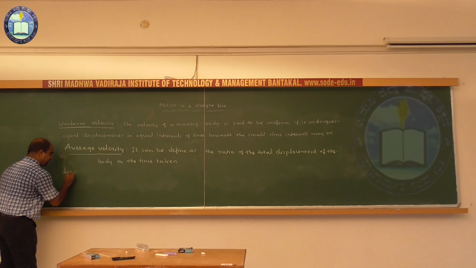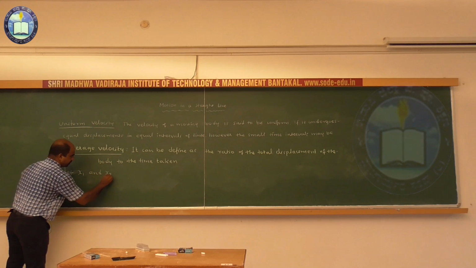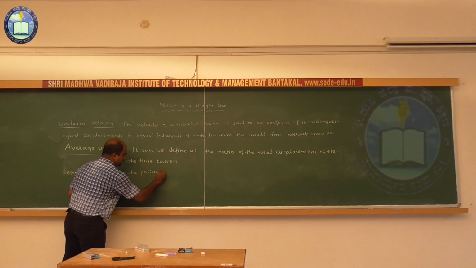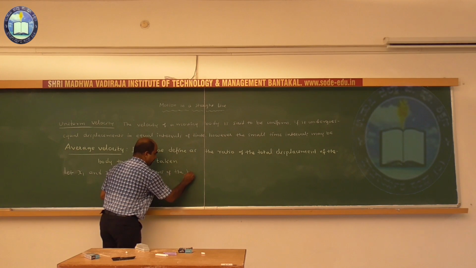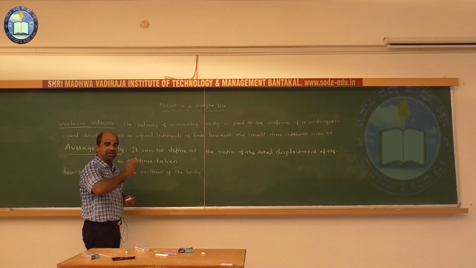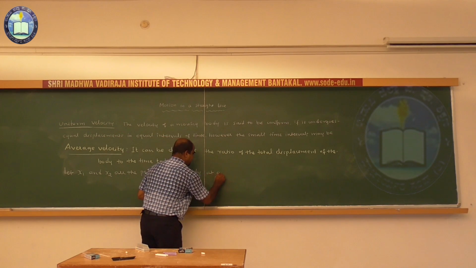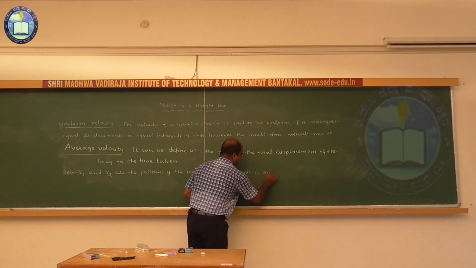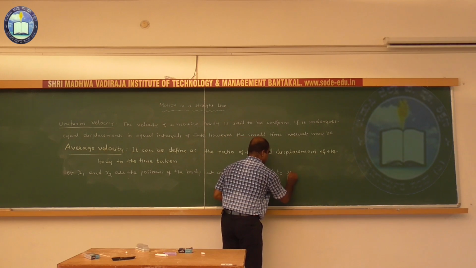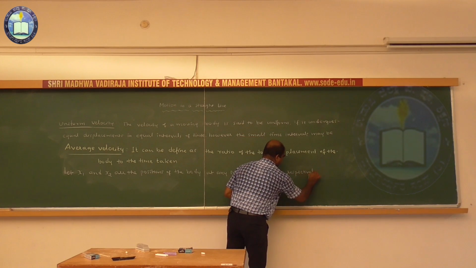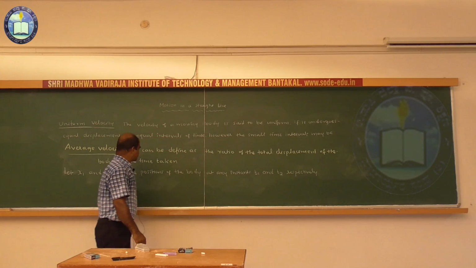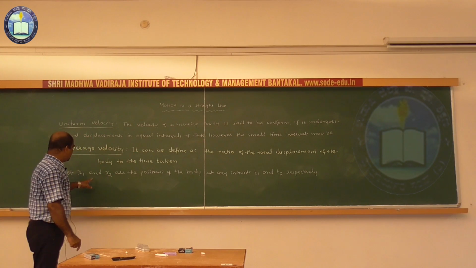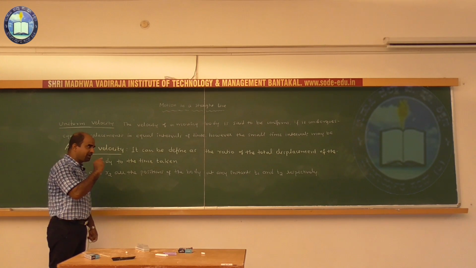Let x1 and x2 be the positions of the body at any instant t1 and t2 respectively. Position is represented along the x-axis. So let x1 and x2 be the positions of the body at instants t1 and t2 respectively.